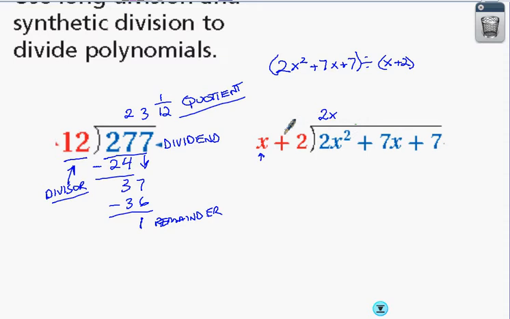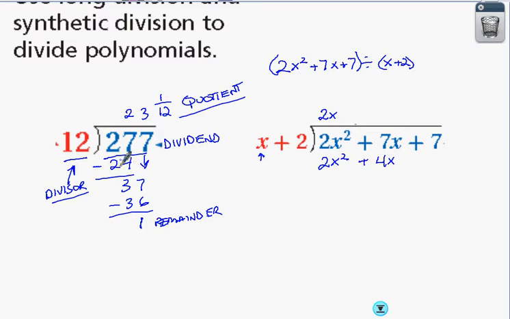And now we're going to perform multiplication of both these terms by 2x. So I go x times 2x, which gives us 2x squared. And now I'm also going to multiply the 2 by the 2x. So I go 2 times 2x, which gives me 4x. So I go plus 4x.